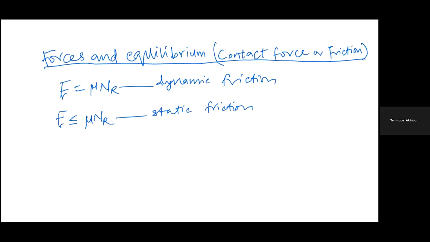It's not going to affect the values, but you can be penalized if you use equal to where you're expected to use less than or equal to. So take note of that. Am I communicating? Yes, sir. Okay.